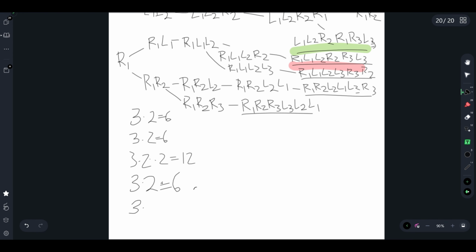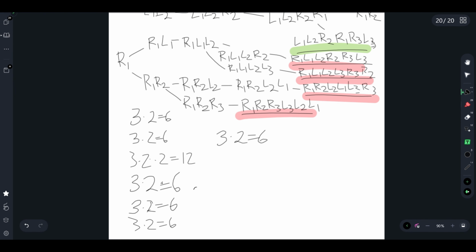Moving on, with this case, we get 3 to choose the R. L1 depends on it. And then L2, R2, and L3, R3 can be interchanged. For this one, same thing as above. You can interchange them. For this one, 3 cases for the first one, and then 2 cases for the next one.